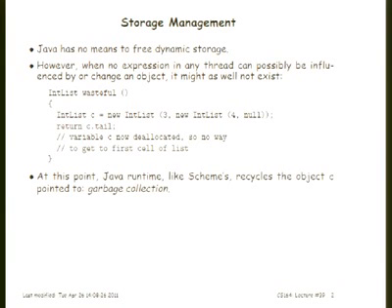But let's first of all just consider, this is the characteristic of Java. It was also the characteristic of Scheme, and of full Python, real Python, that there's no way of freeing dynamic storage. Instead, the runtime system takes it upon itself to keep track of storage that's no longer going to be used and to reuse it, or perhaps to return it to the system, as the case may be.